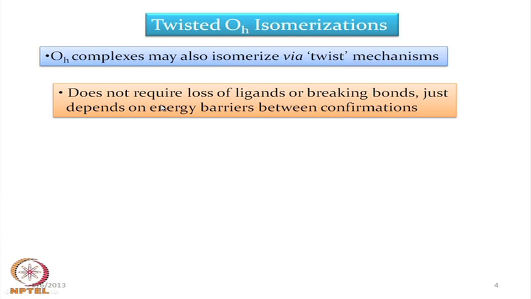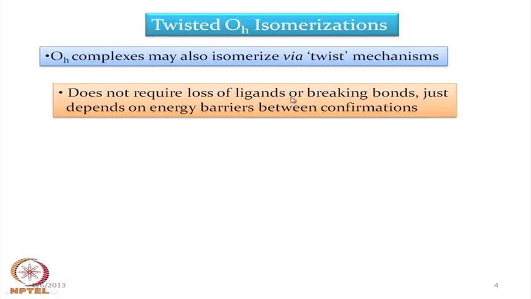But in this particular situation, the bidentate ligands, if present like acetylacetone or ethylenediamine, are strictly attached to the metal center, they do not undergo any bond breaking process, but they basically go for some twisted formation.